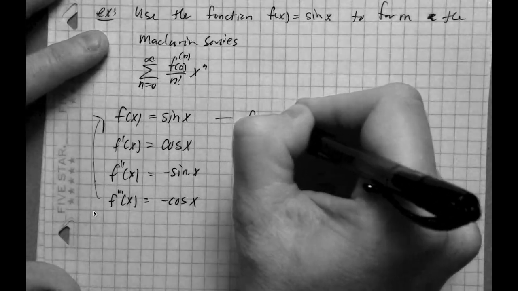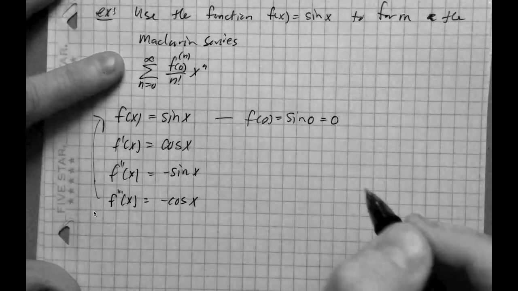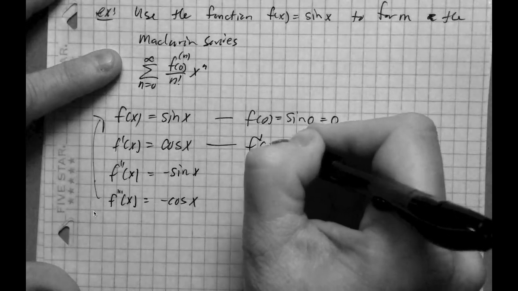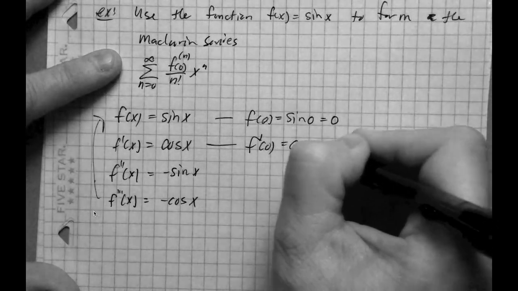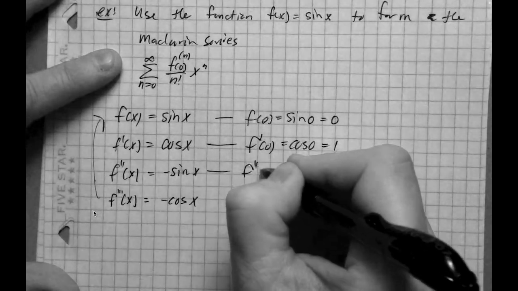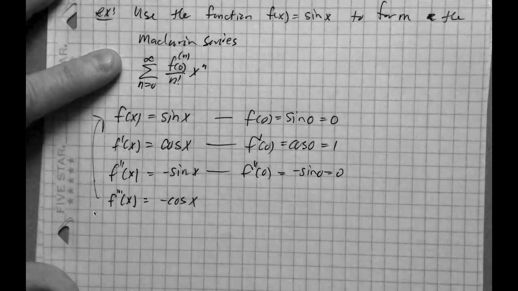And so f of 0, that's sine of 0, which is 0. F prime of 0 is cosine of 0, which is 1. Okay. Then f double prime of 0 is negative sine of 0, which is again another 0.